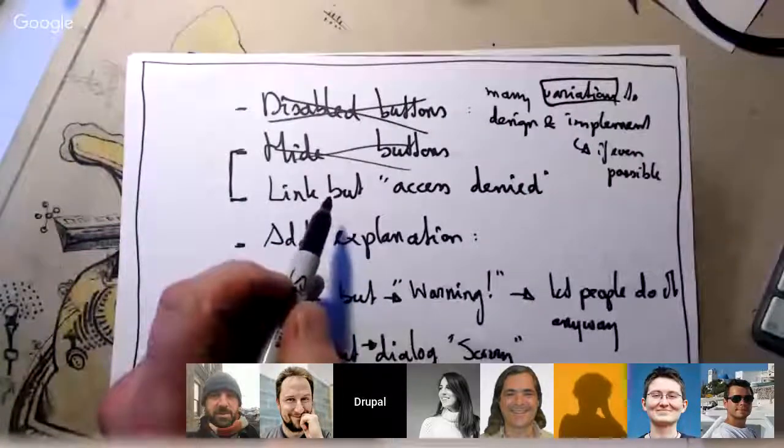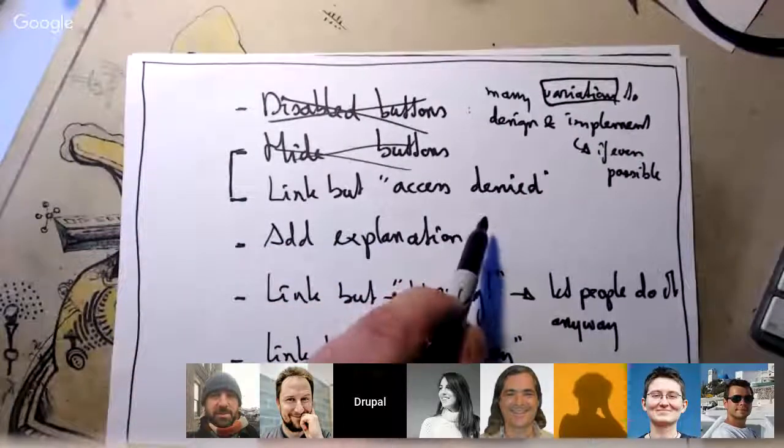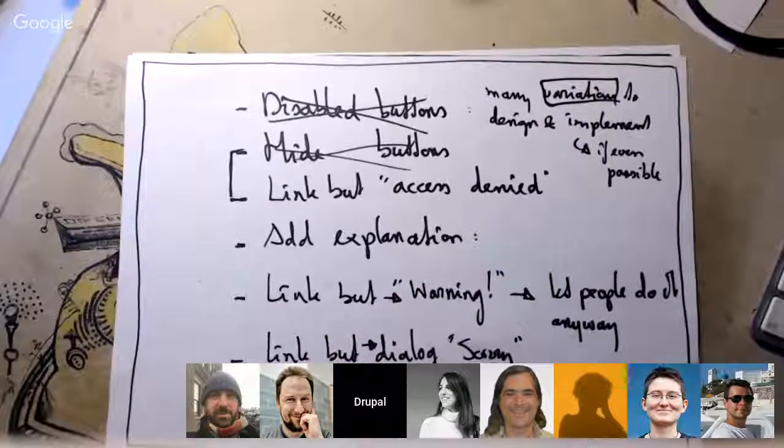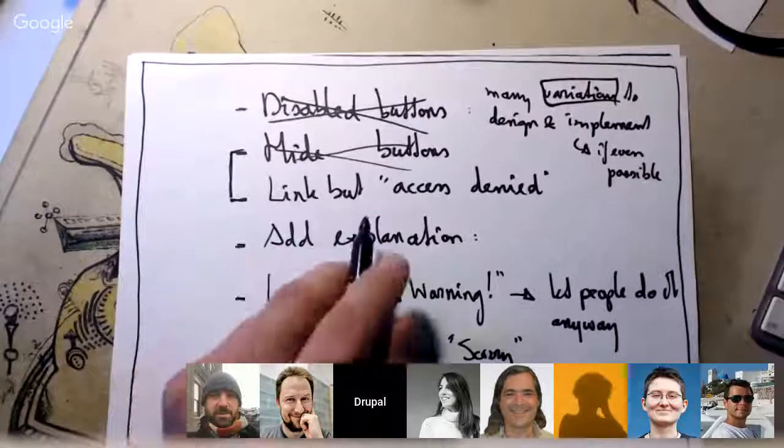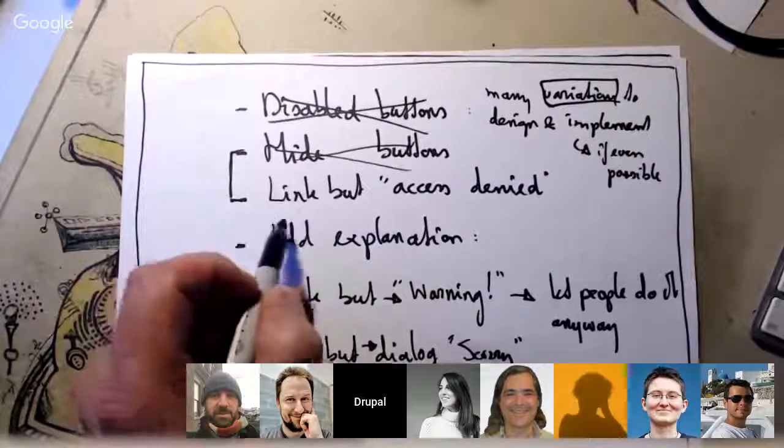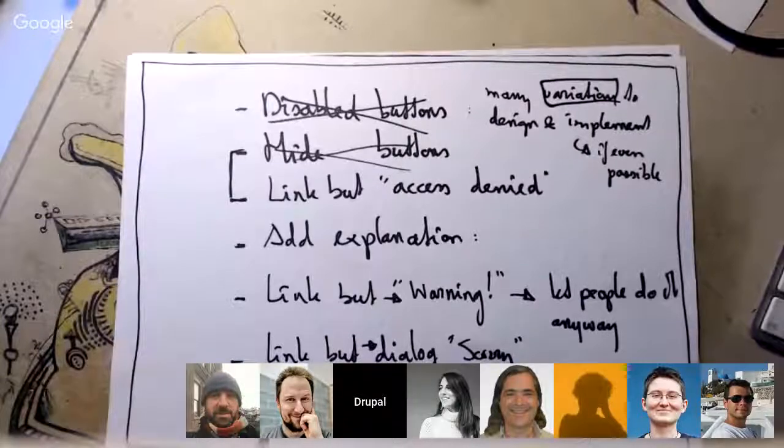So right, but Drupal automatically hides links which are not accessible. Accessible as in access denied. So that's why I'm saying that we cannot show the button if the link returns an access denied. The link isn't there, so there's nothing to gray out. Yeah. Okay.